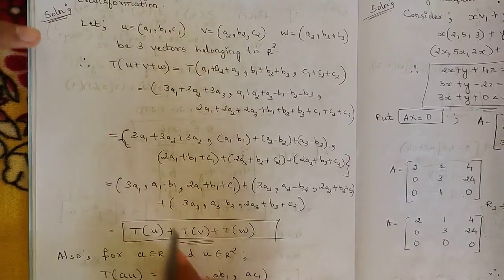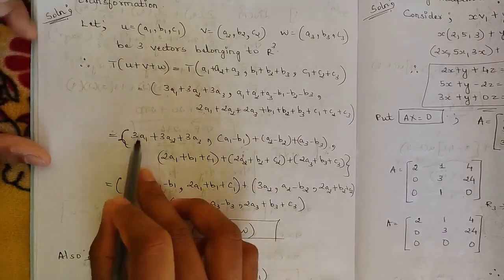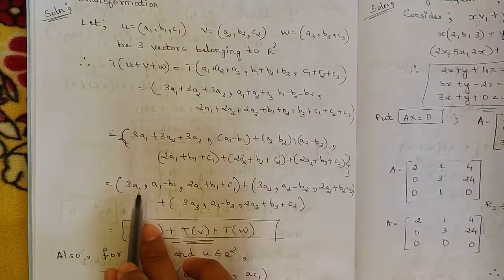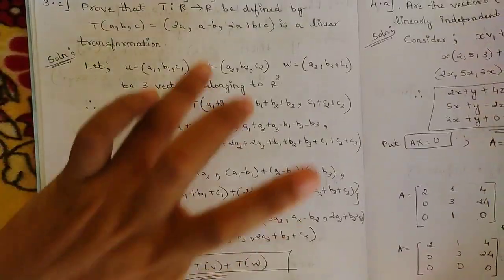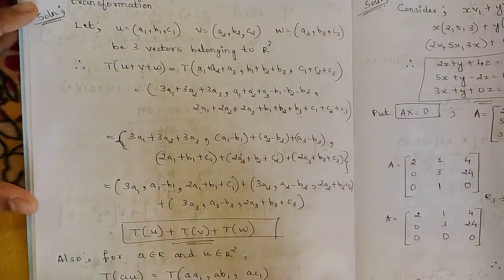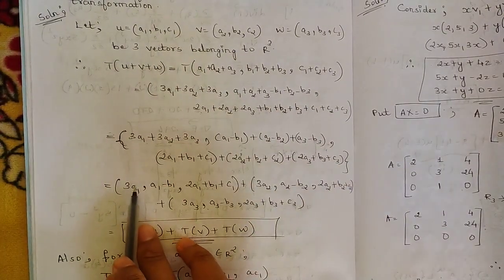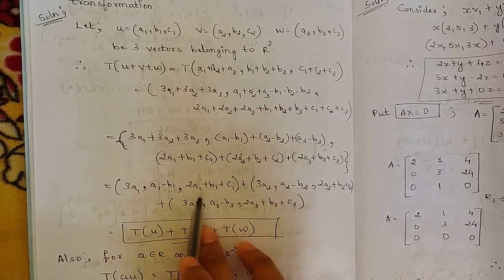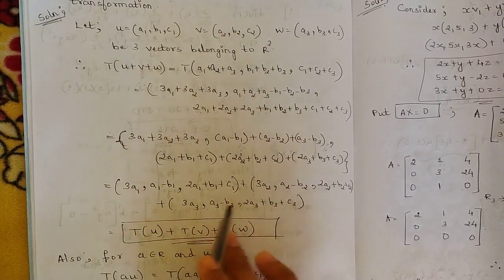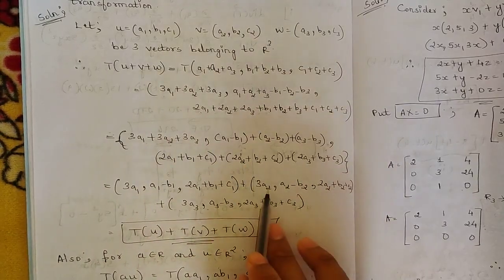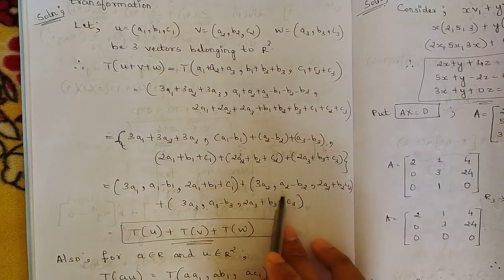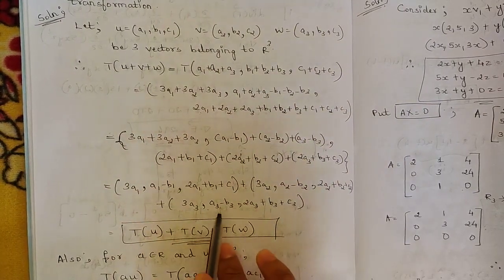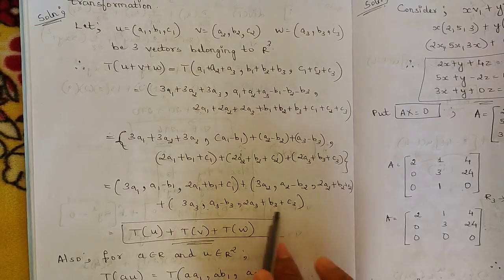Now the final thing is, with respect to the question provided, you should be substituting. First is 3A1 comma all the first components, that is A1, B1, C1, you should be writing with respect to the equation provided. That is 3A1 comma A1 minus B1 comma 2A1 plus B1 plus C1, write it in one bracket, plus for A2, the second component, 3A2 comma A2 minus B2 comma 2A2 plus B2 plus C2, plus 3A3 comma A3 minus B3 comma 2A3 plus B3 plus C3.